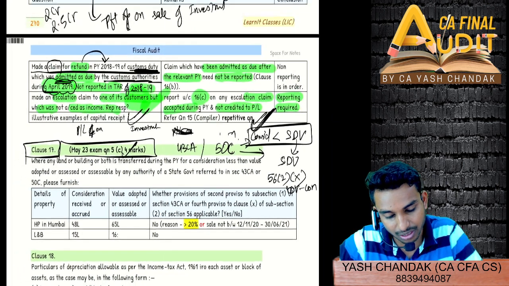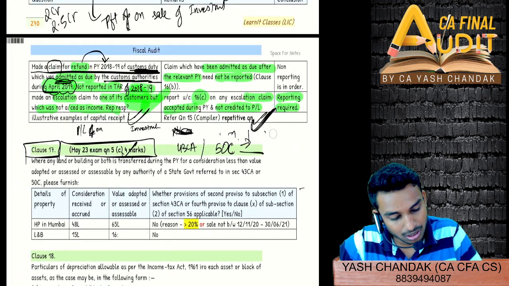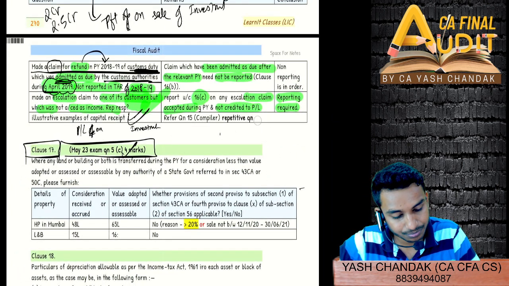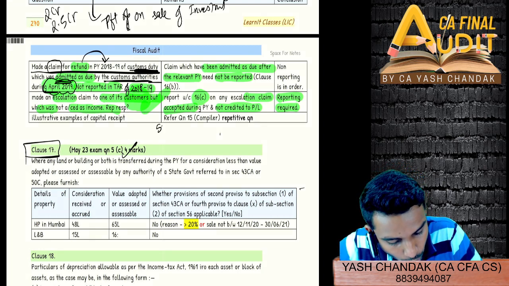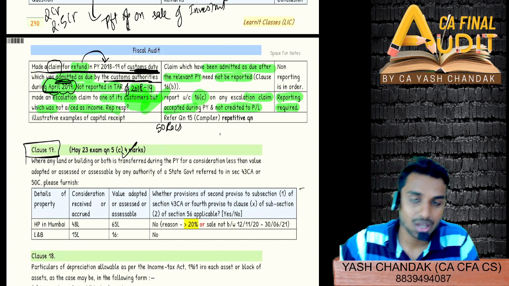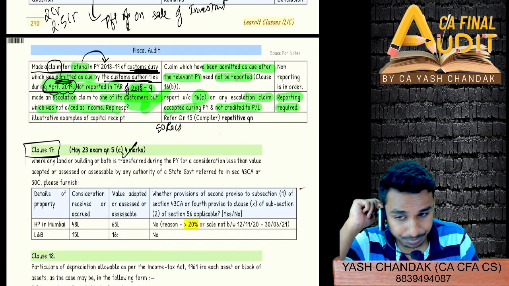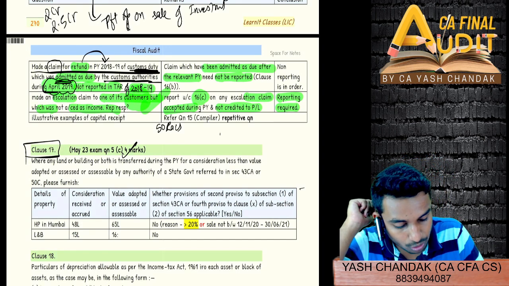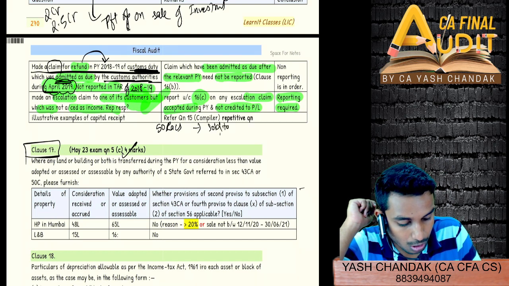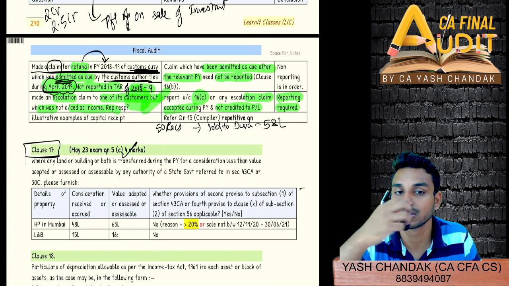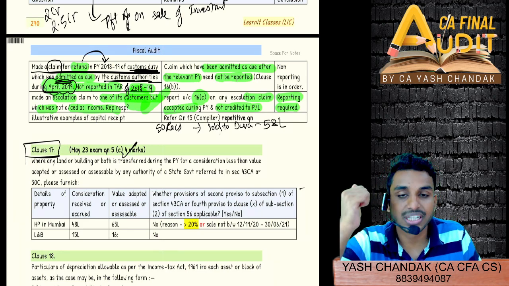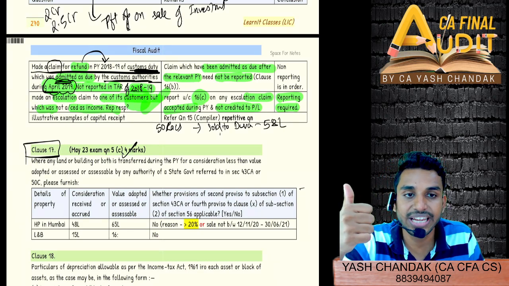Let's take an example. Suppose I had a property of 50 lakhs and I sold it to Deva for 58 lakhs. So my consideration amount is 58 lakhs.